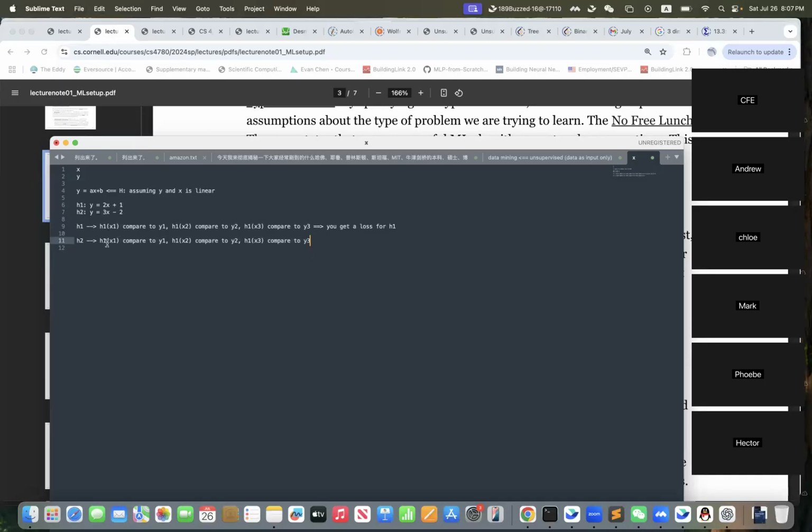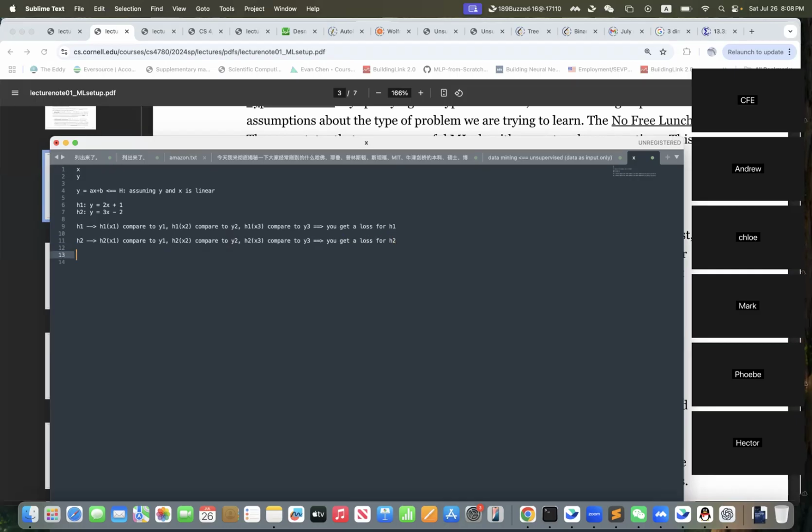So we use h to predict y, and we apply h2 on x1, x2, x3, and compare it with y1, y2, and y3, right? If they disagree, then our loss increases by one. If they agree, then we get a loss of zero, right? So we can calculate the total loss. In this case, you get a loss for h2.